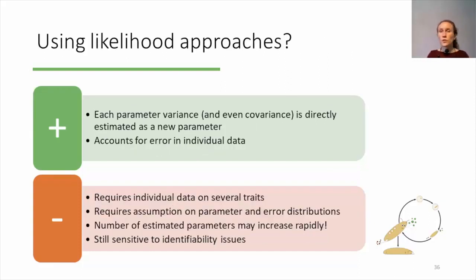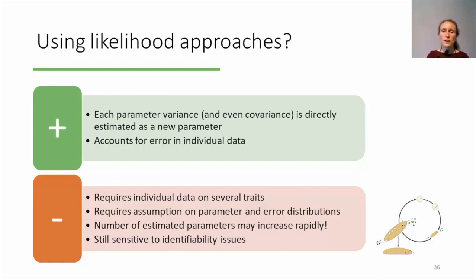Another approach which could be used is a more statistical one, so using likelihood approaches rather than loss function approaches. So instead of doing numerical optimization, you would actually do some statistical estimation. The advantages of such approaches, which have been used for estimating species-wide DEB parameters, but not yet individual ones.